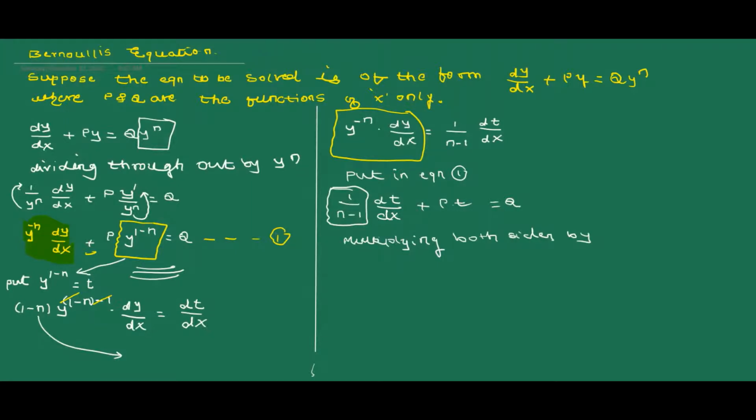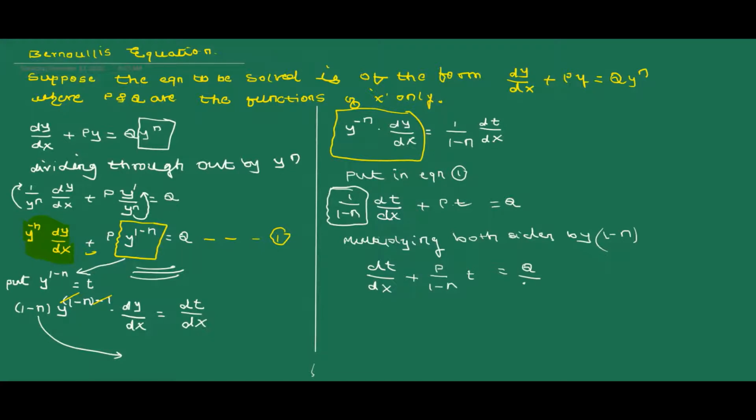Sorry, I have written here not n minus 1, this is 1 minus n. Here also you can write it as 1 minus n, multiplying both these sides by 1 minus n. Then what we get, here left hand side we are left with only dt divided by dx plus p divided by 1 minus n into t is equal to q divided by 1.